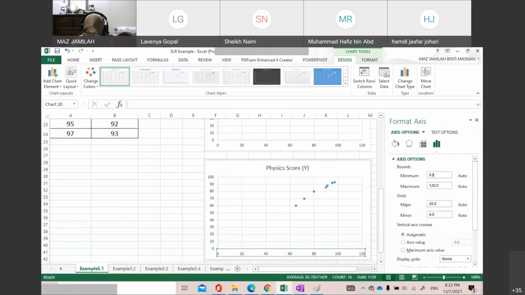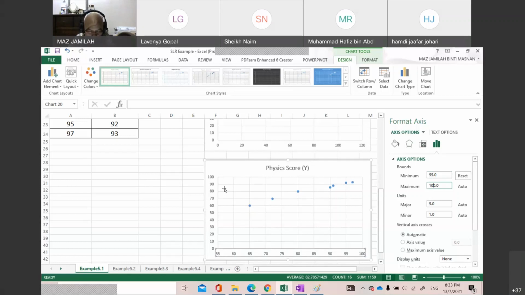For my x, I would like to start with 60, or maybe you can put 55, for example. Let's say I put 55, and since the largest data is somewhere below 100, I make it 100 maximum. Then you see your axis change from 55 until 100.